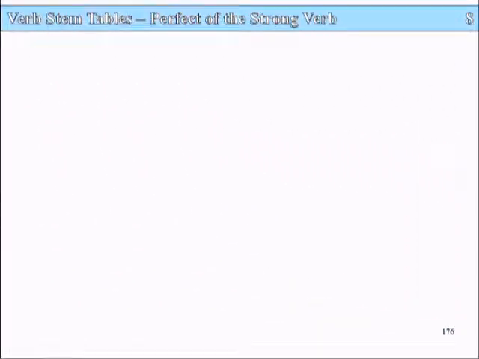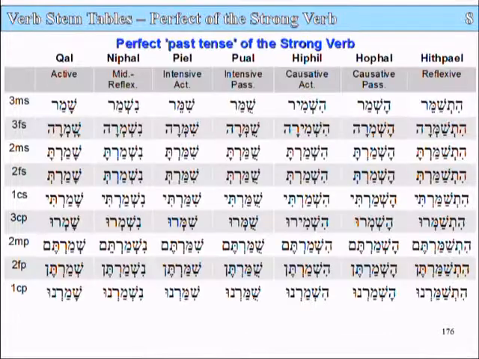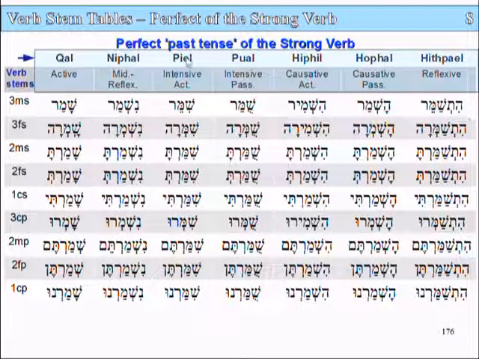Slide 176, Lesson 8, Verb stem tables, perfect of the strong verb. Okay, well, here we have the perfect past tense table of the strong verb, and it doesn't just contain the Qal form of the perfect, but it also lists all the other stems: Niphal, Piel, Pual, Hiphil, Hophal, Hithpael.